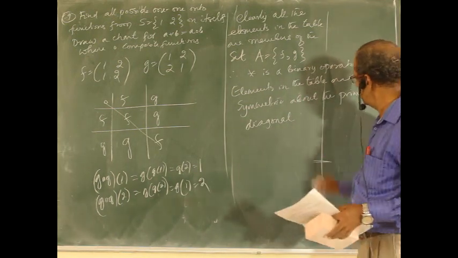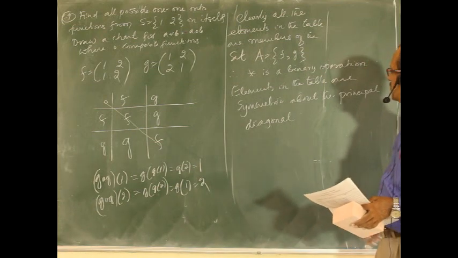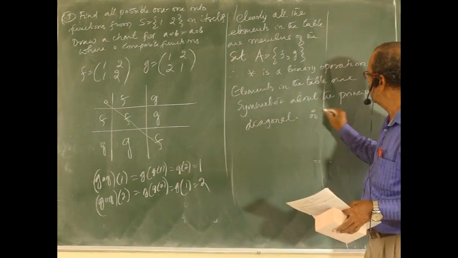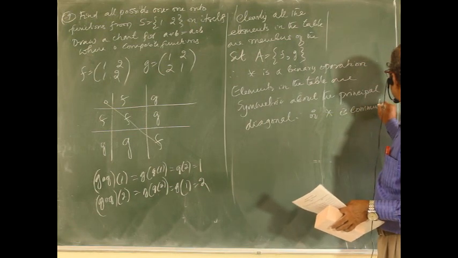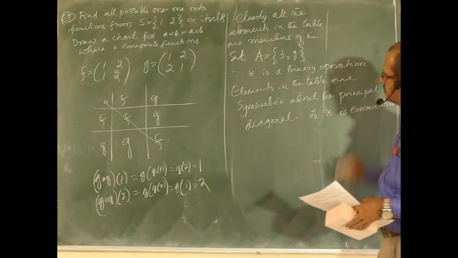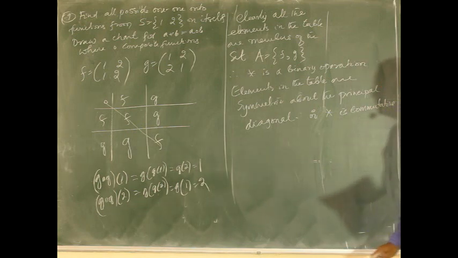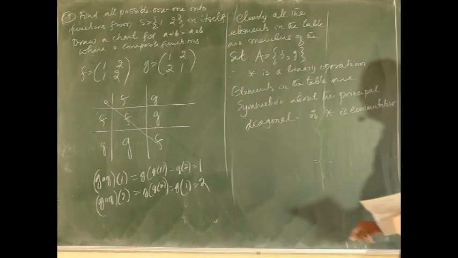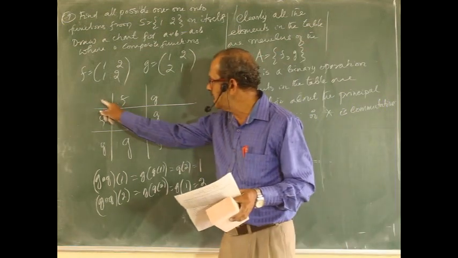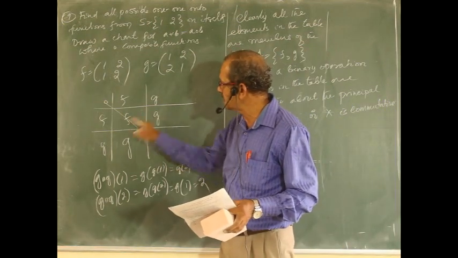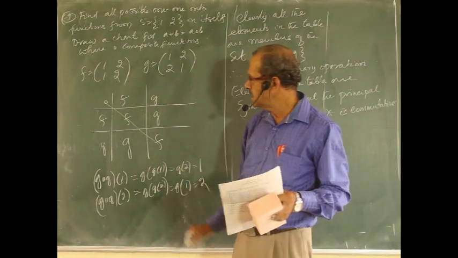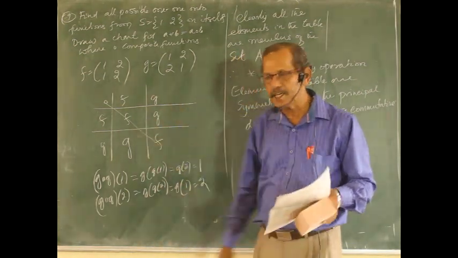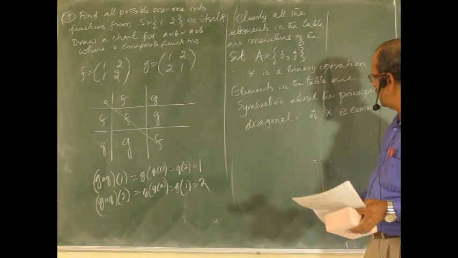Therefore, star is commutative. I told you to verify this one easily. In the chart, if the elements are symmetric about the principal diagonal, then immediately we can write commutative property satisfied.